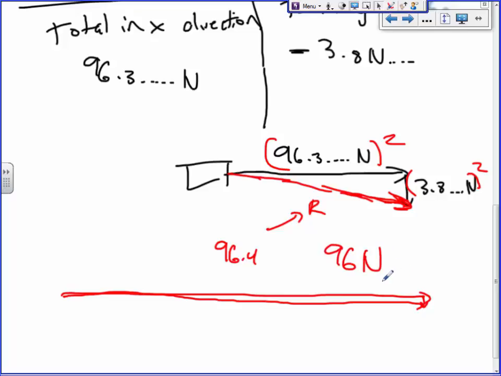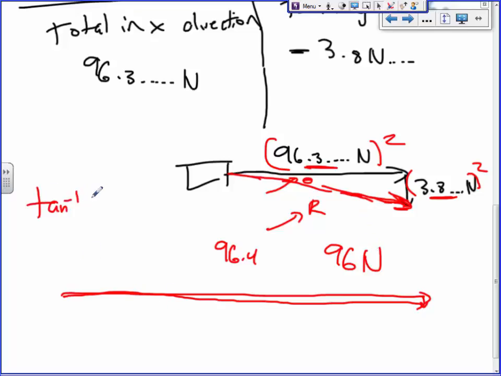We're still not done. We need a direction. Are we going directly east? No. What I need you guys to do now is calculate how much angle we are going cockeyed towards the south. Don't you love physics? It really is just a lot of math. Sorry. How do we calculate this angle here? Yeah, I would inverse tan myself. I would inverse tan the 3.8 over the 96.3. That'll work, right?